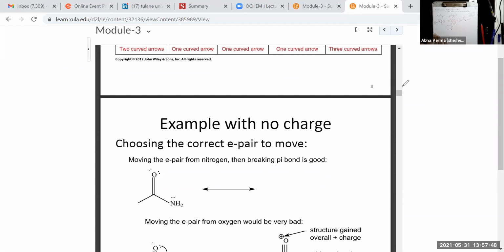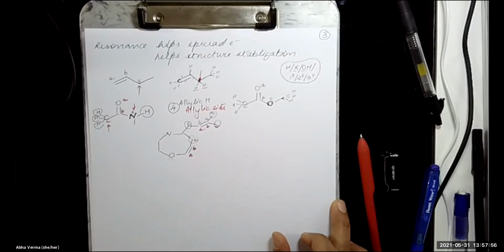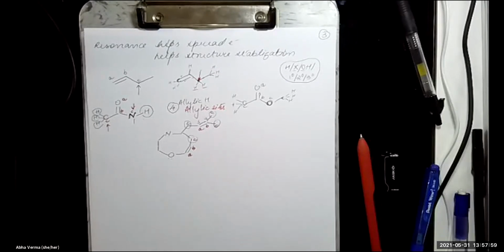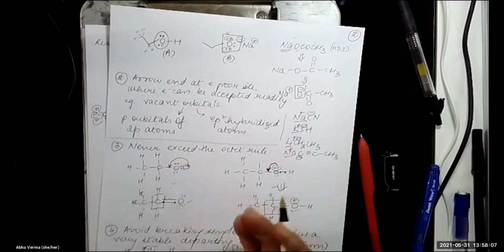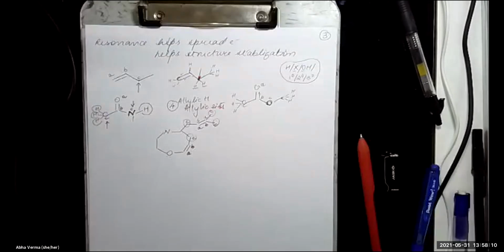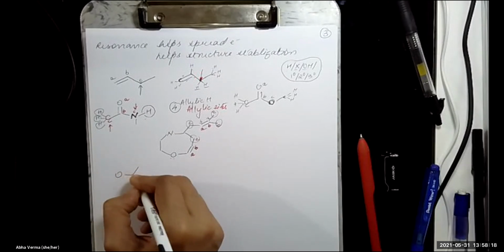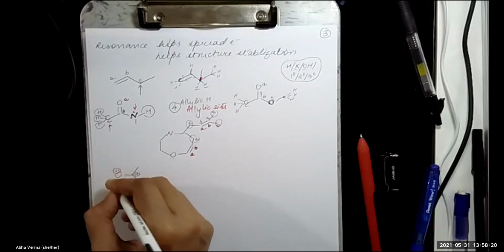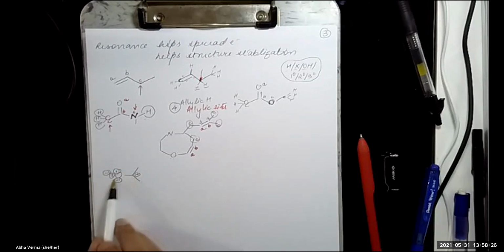And before we do any more examples, let me just tell you a few more things. What if you do not see the allylic site, right? For example, when we did this example, oxygen, was there an allylic site? There is no allylic site here. So does that mean that they cannot do resonance at all? So look at these examples. What do you see here?